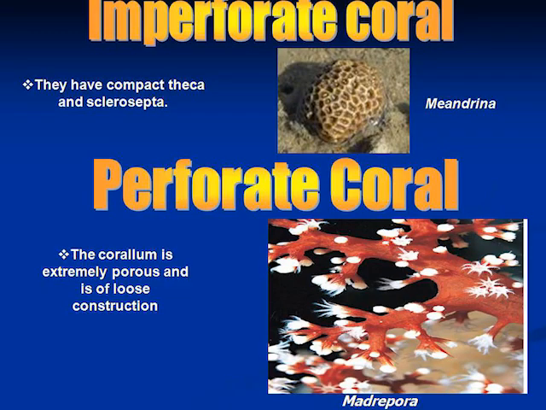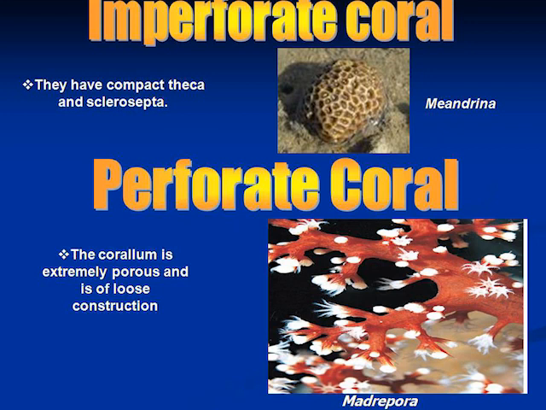Coming to the imperforate one, as the name suggests, it has a compact theca and sclerosepta. The structure is very compact and composed of a solid mass. The example is Meandrina.